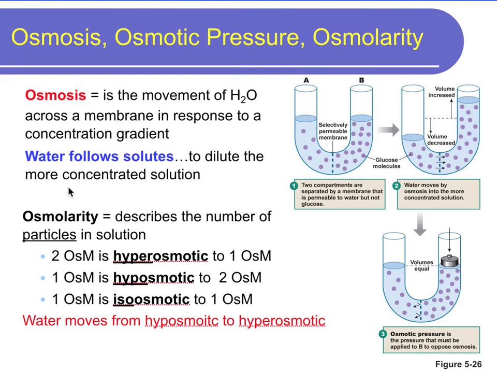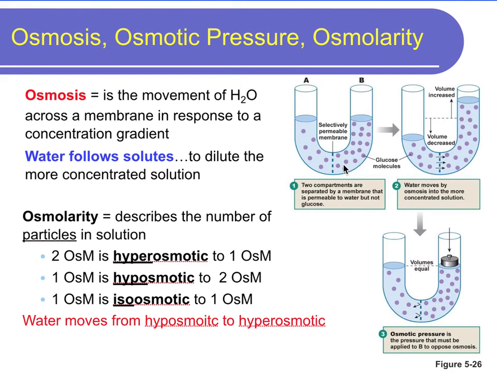Now let's move on to osmosis. Osmosis is the movement of water, and water will always follow solutes. So if you remember water follows solutes, then you know where water goes. But this only happens when the solutes are unable to diffuse. So if you have this U tube, this tube that's shaped like a U, inside A you have some solutes, inside B it looks like you have double the solutes, so there's a higher concentration of solutes inside B. These solutes actually want to diffuse into side A, but they can't because they're too big.